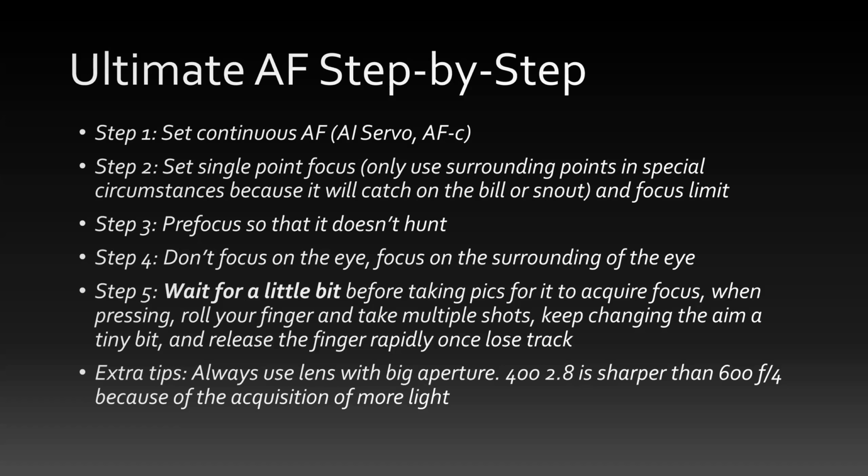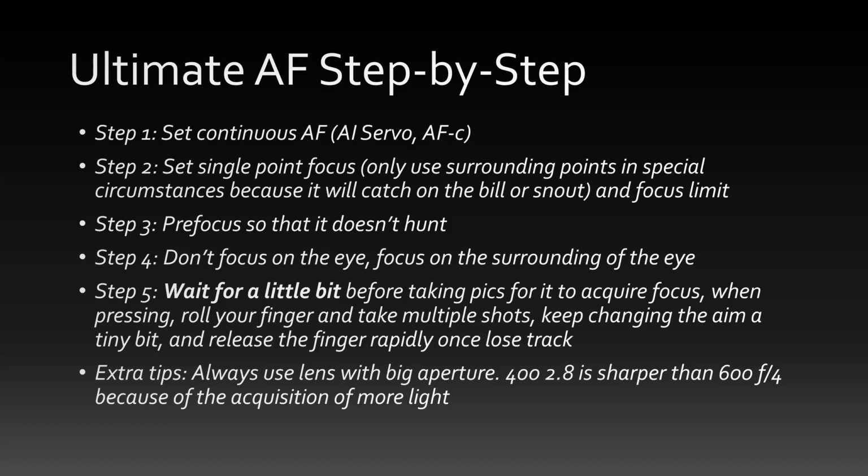So when people say my 400 2.8 is so much sharper than the 600 f4, it makes sense. But now that I think about it, it's not really because of the lens element. It's just because of the amount of light it lets into the image sensor to capture the perfect AF before those Rambo people even let off the shutter to take the photo, right?